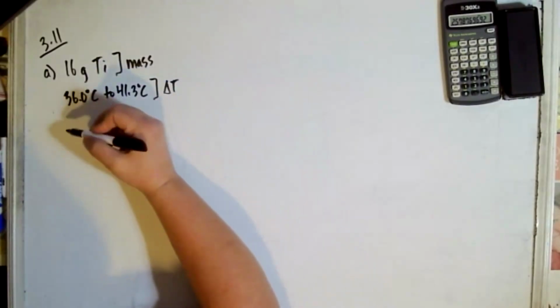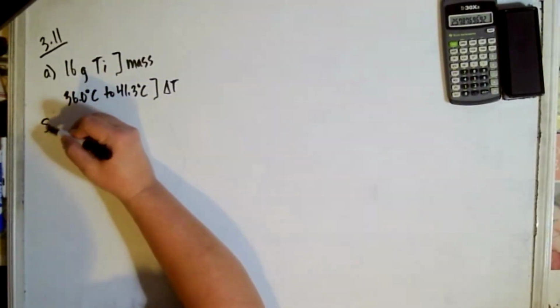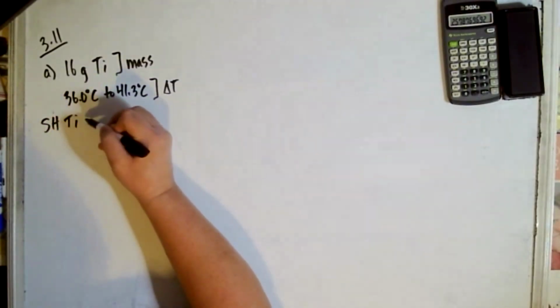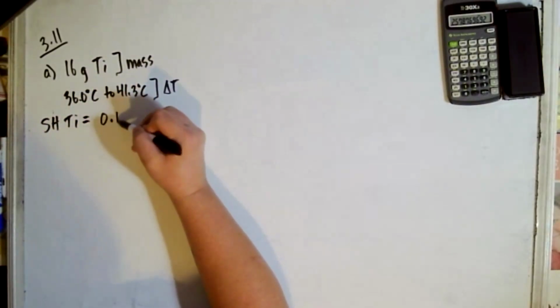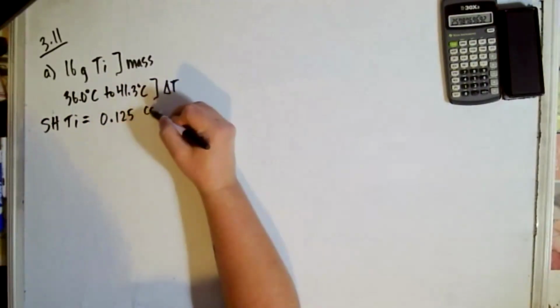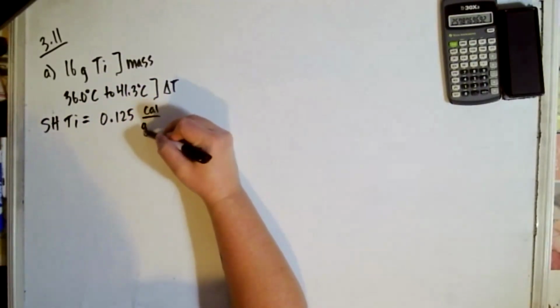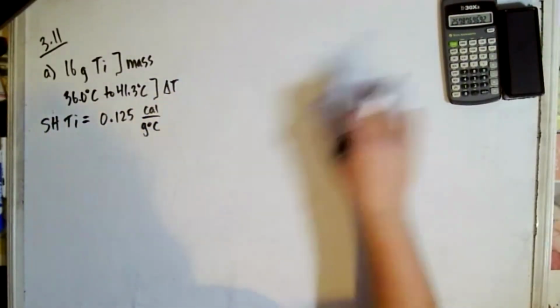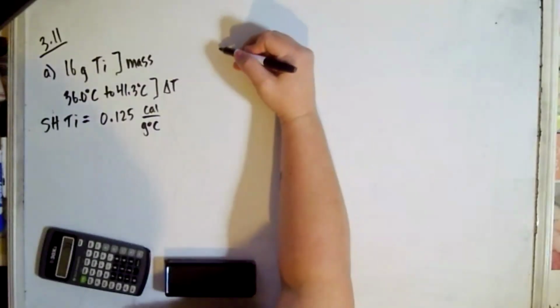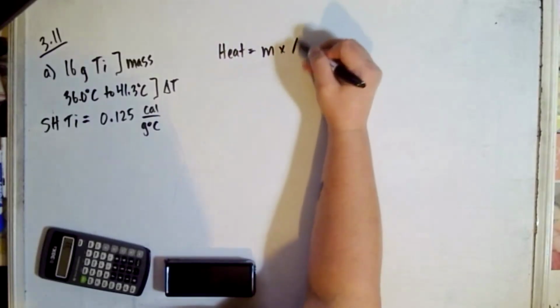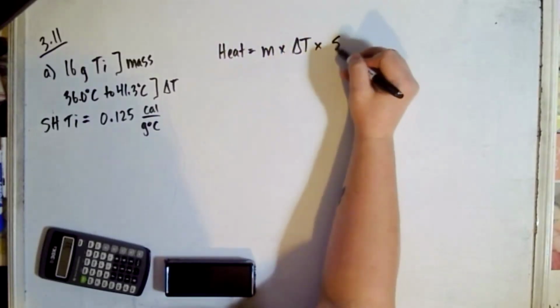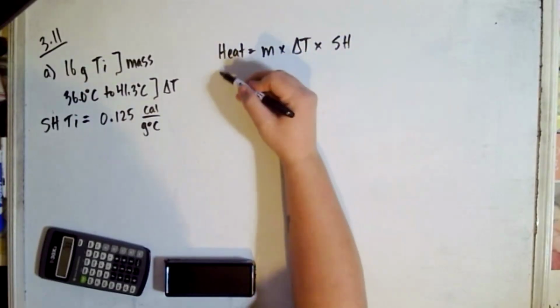So I would look at my table and write down my specific heat value for titanium in terms of calories instead of joules. And with that information, I'm going to be able to use my heat equation and find the heat value.